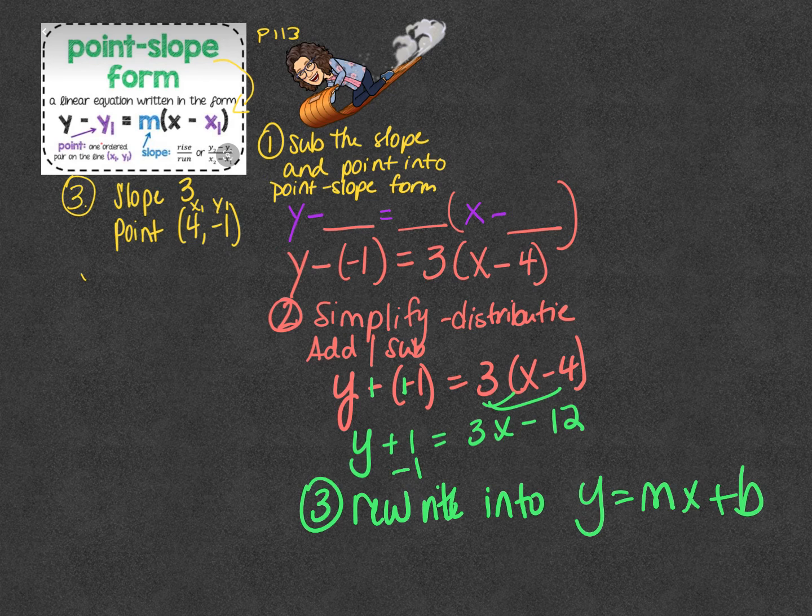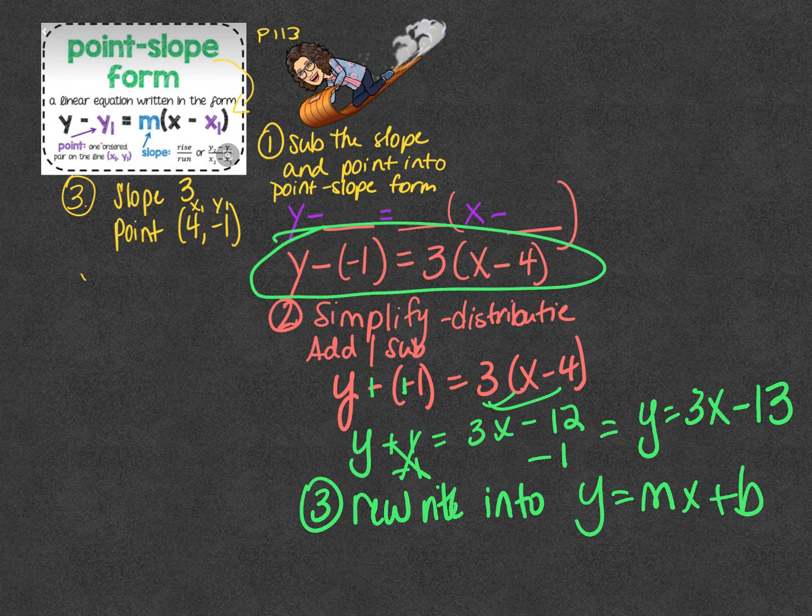So -1, -1, and that cancels. y equals 3x, you have a -12 minus 1 makes it a -13. Yep, and that is correct. So the answers that you would write for your problems are this, in this form, okay?